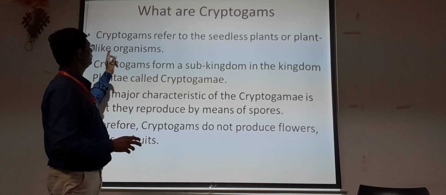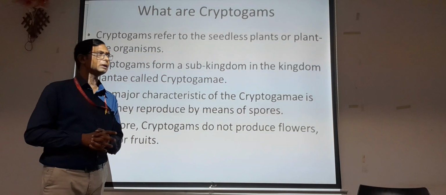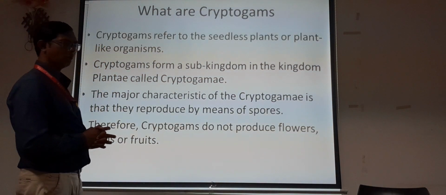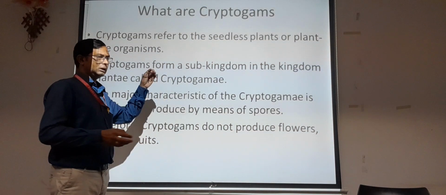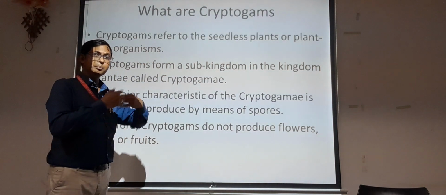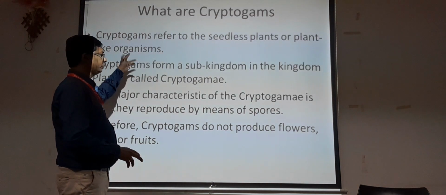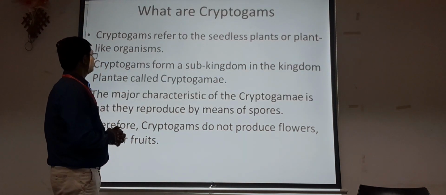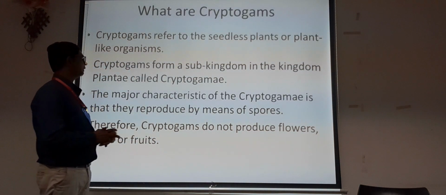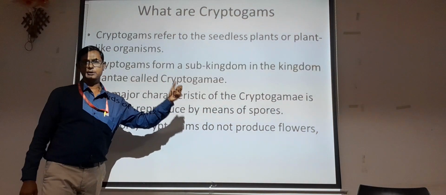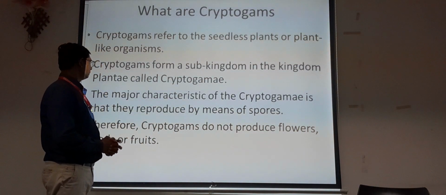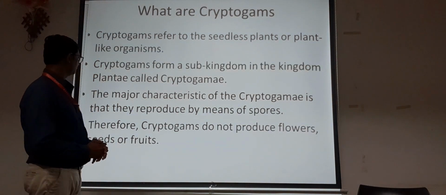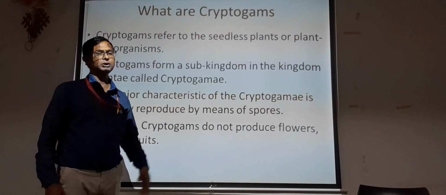So the first thing, cryptogams refer to seedless plants or plant-like organisms. They are not exactly animals, but developing plants, in a developing stage. Cryptogams form a subkingdom in the kingdom Plantae called cryptogamy. The major characteristic of cryptogams is that they reproduce by means of spores.